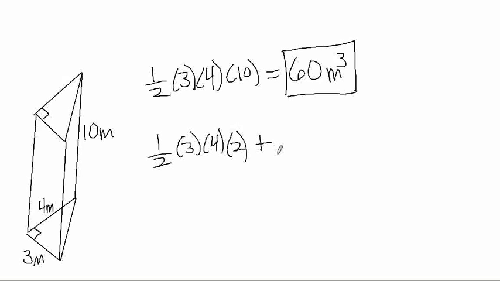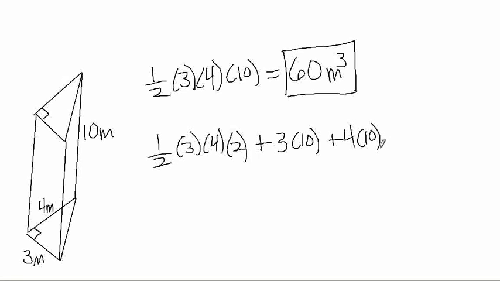And now I will add the areas of the other faces that aren't triangles. So I have 3 rectangles. The area of one of those rectangles is 3 times 10. The area of another rectangle is 4 times 10.